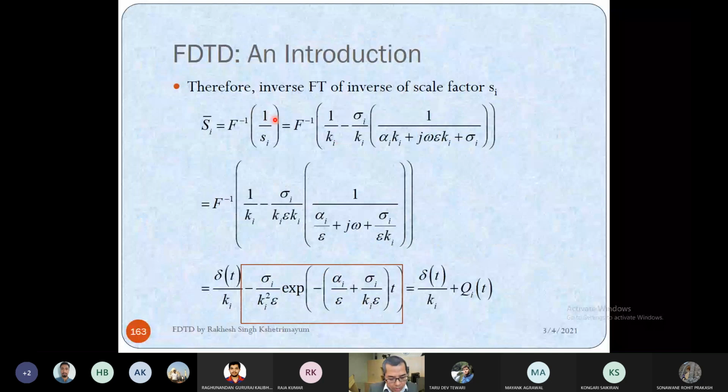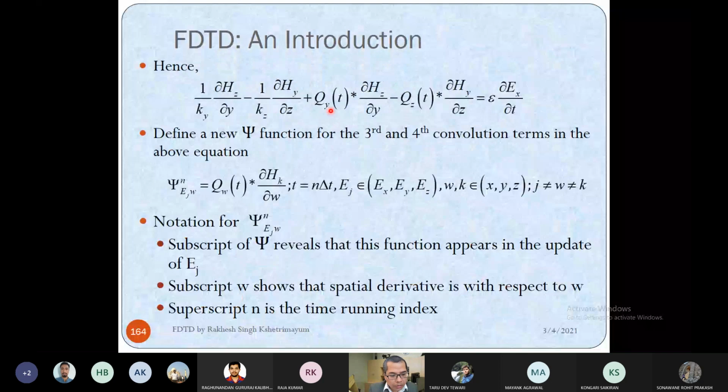We also have the convolution with this Qi term here. That is the second term, third term, and fourth term: Qy convolved with dHz by dy, minus Qz convolved with dHy by dz. The delta term will give you this one and this one, and the Qi term will give you this one and this one. You also have one term on the right-hand side, which is the partial derivative of Ex with respect to time, multiplied by epsilon.